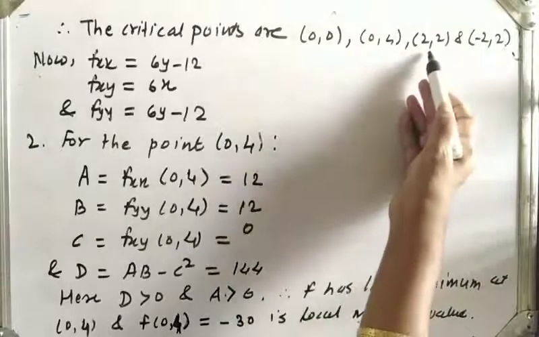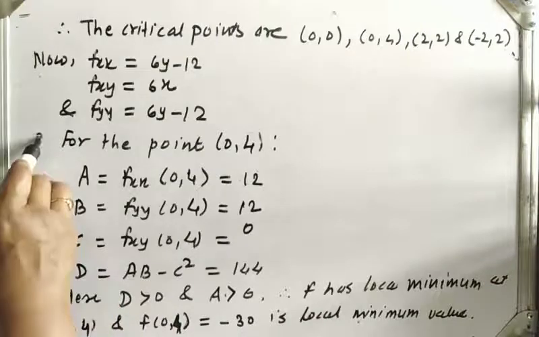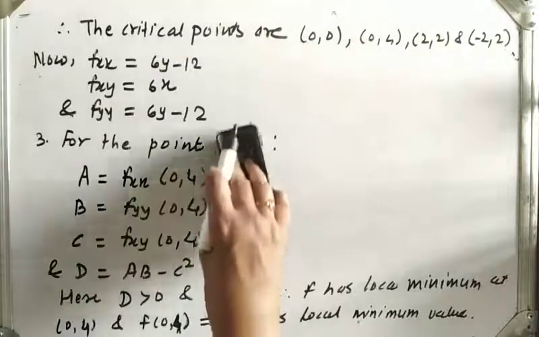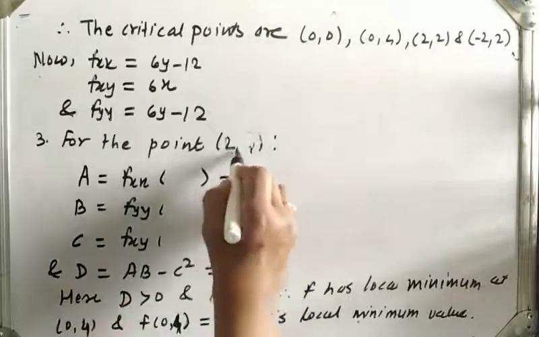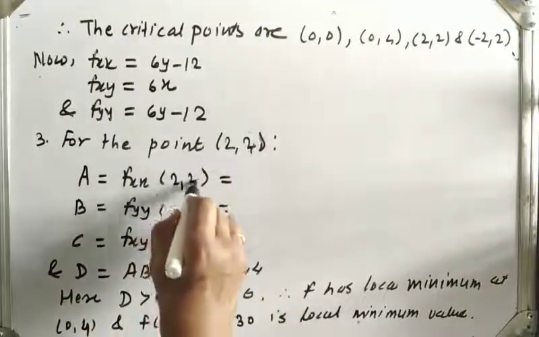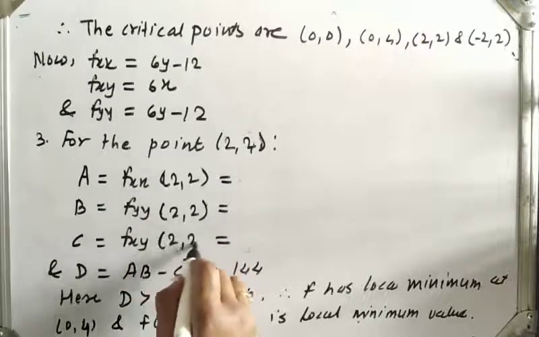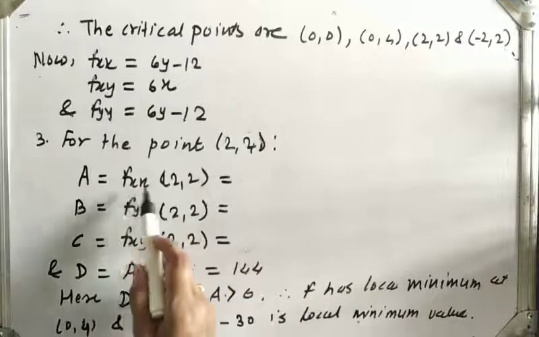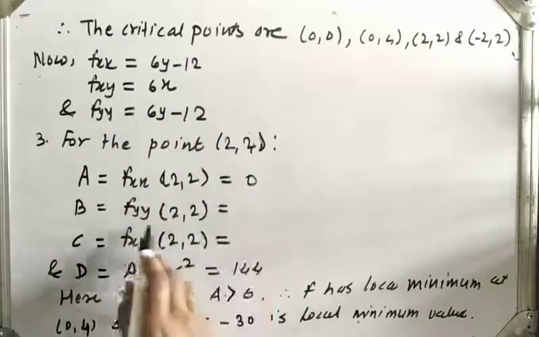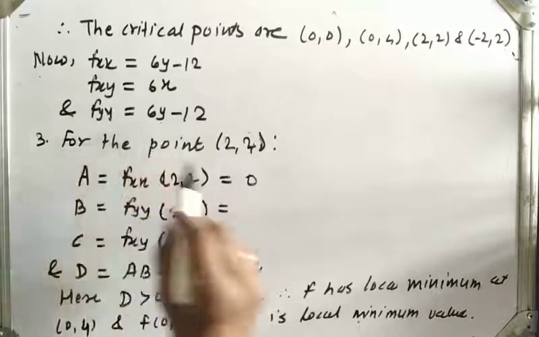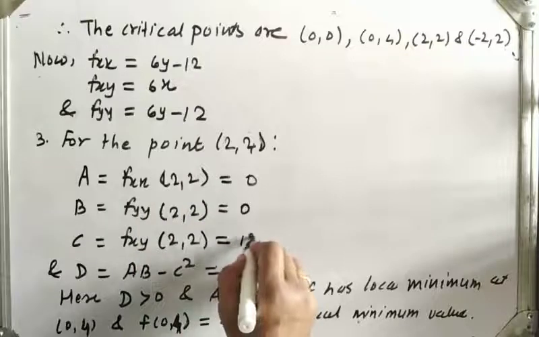Now for the third critical point, 2 2. Put 2 for x and 2 for y. So fxx at 2 2 will be 0. fyy at 2 2 will be 0. fxy at 2 2 will be 12.